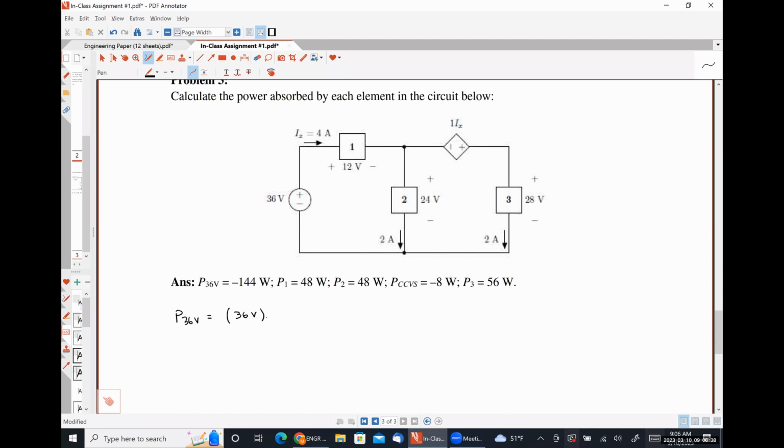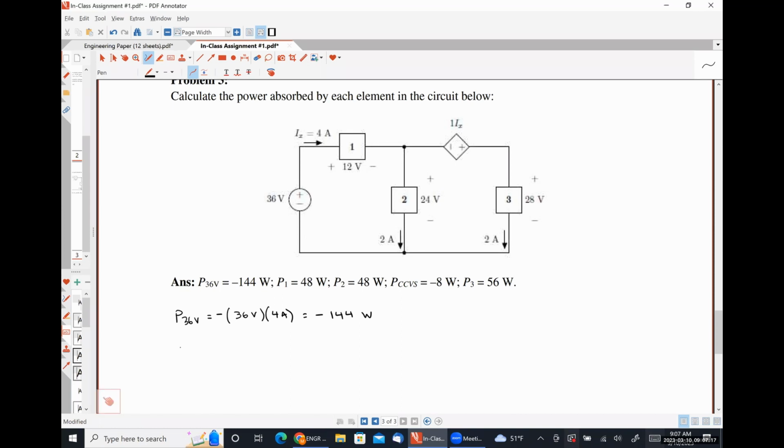How much current is flowing through the 36-volt source? 4 amps. Is that current flowing into the positive polarity terminal of the 36-volt source or the negative polarity terminal? Since it's flowing into the negative polarity terminal, I times V is the supplied power. We want absorbed power, so we add a negative sign. And we get negative 144 watts.